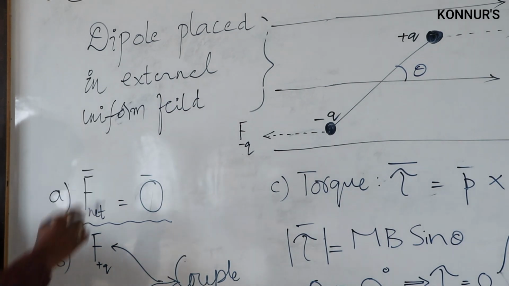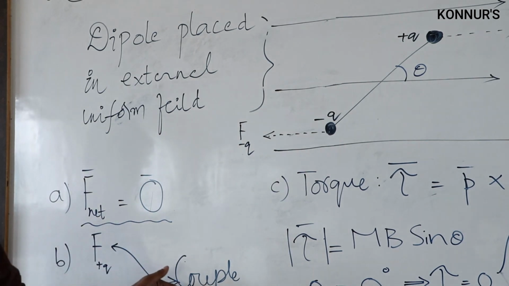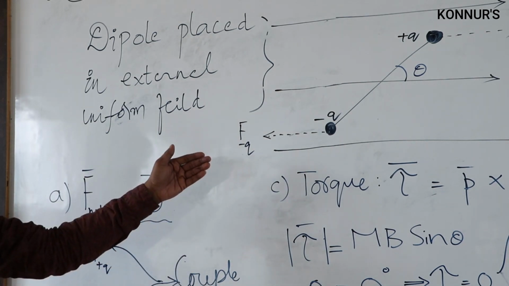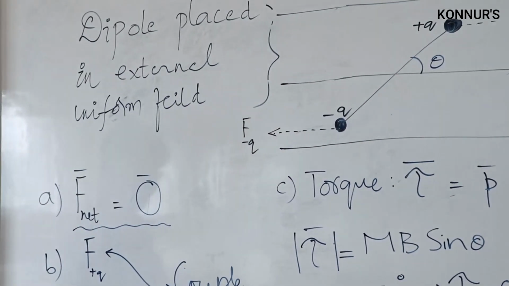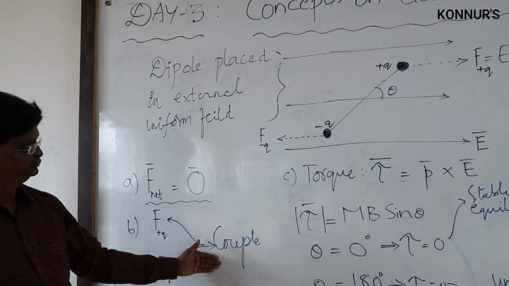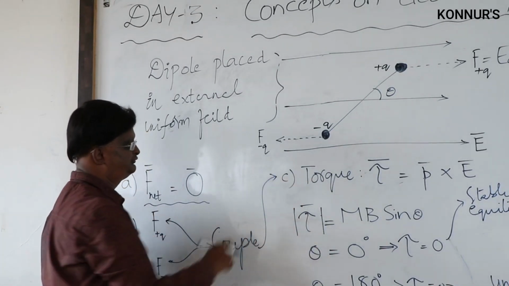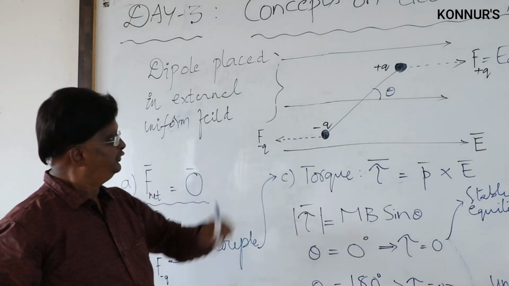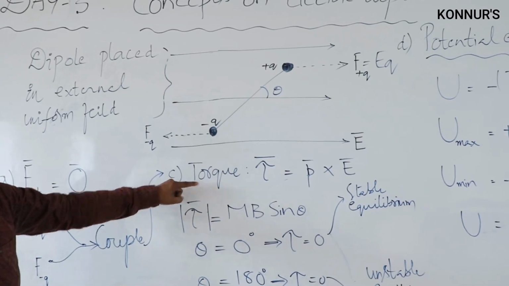But now you can see these forces on positive and negative charges, they form a couple because equal, opposite along different lines of action. Now, as a consequence of the couple, you will find the torque on the couple.